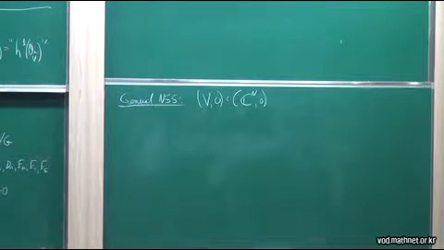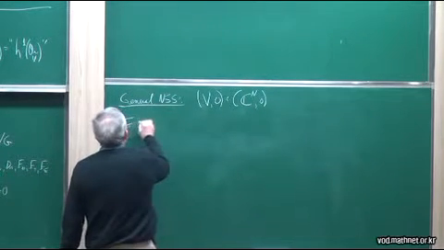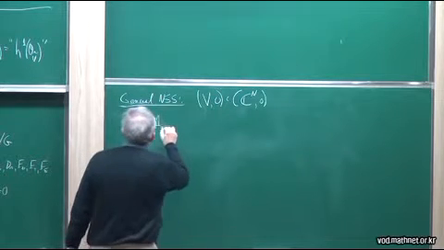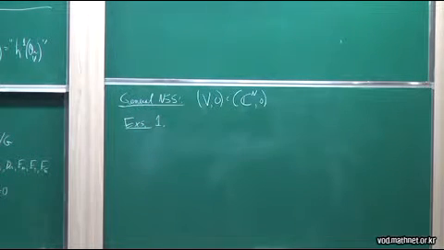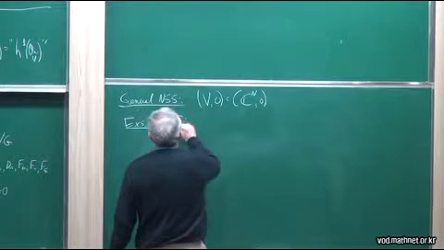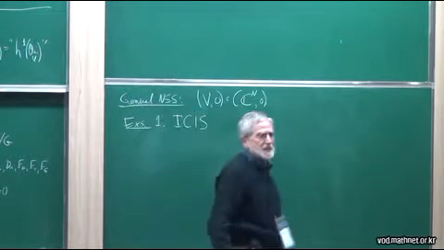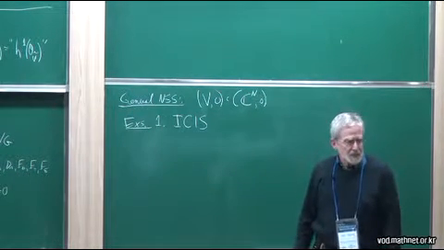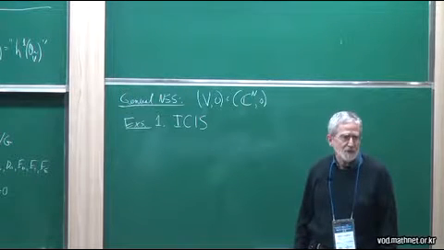What are the examples that we should be keeping in mind? Well, the first generalization: instead of having one equation in C3, we want n-2 equations in Cn. These are what is called, in the trade, ICIS, isolated complete intersection singularity.